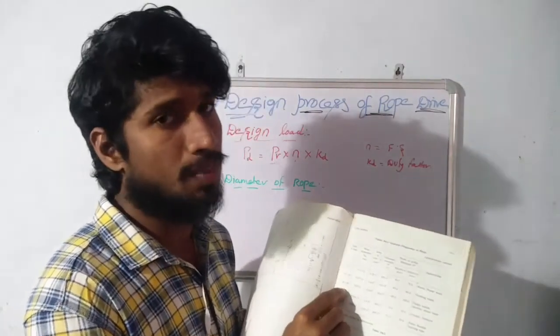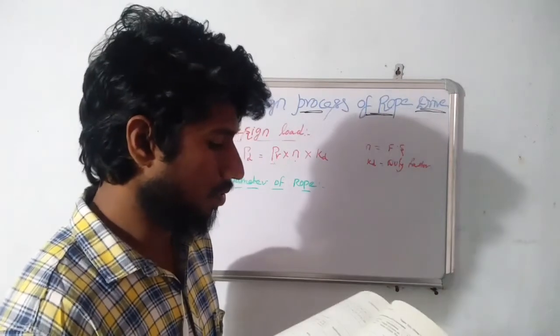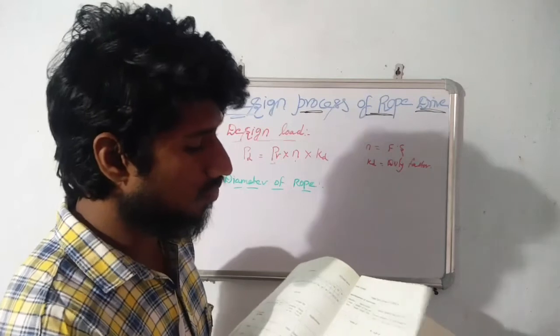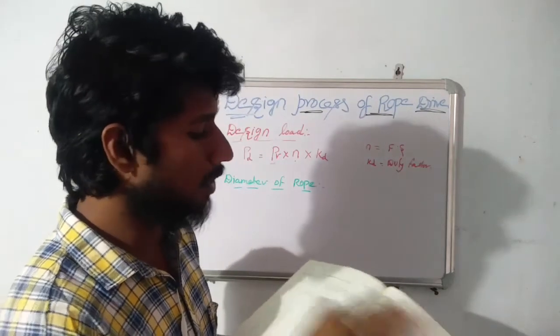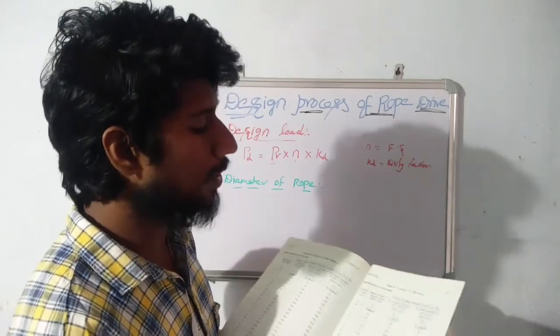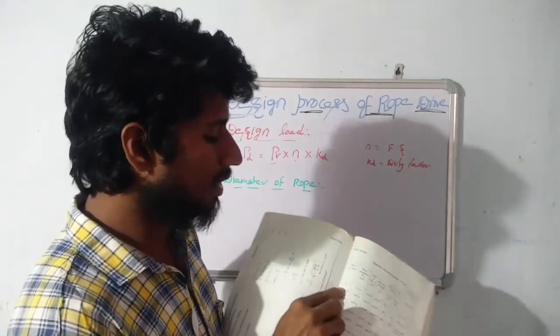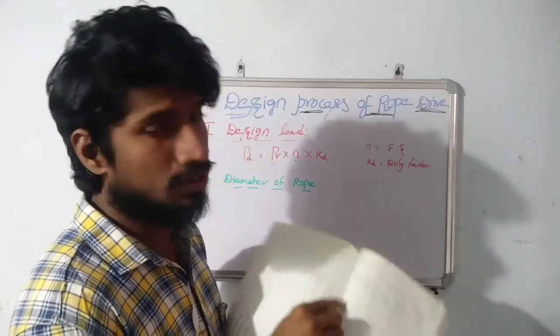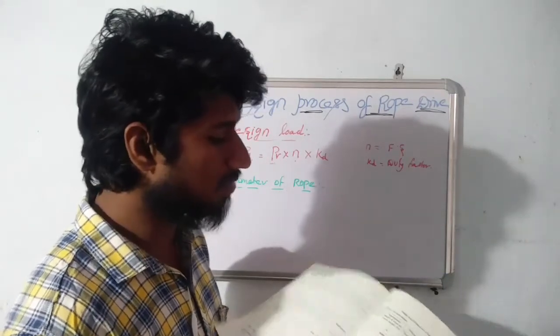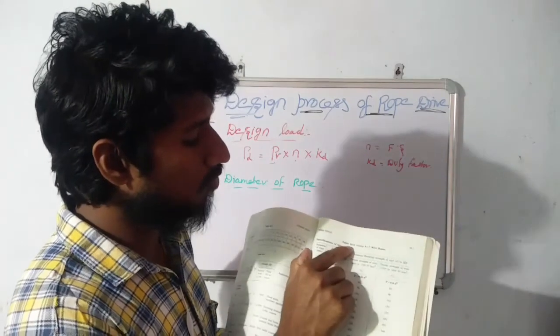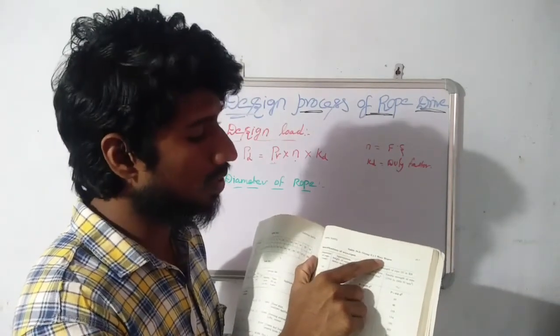Using this type of rope, prefer table number 24.5 or 24.6 or 24.7. For example, here I consider the rope type 6 into 7. For that type of 6 into 7, table number 24.5 indicates the 6 into 7 wire rope.